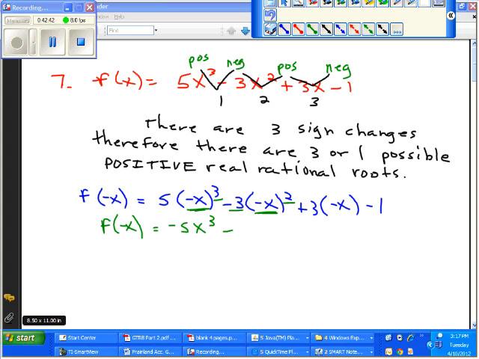That positive times a negative gives you a negative. And so the result is this. We're going to identify our signs. We have a negative, a negative, a negative, a negative. There's no sign change, no sign change, no sign change. There are 0 sign changes.